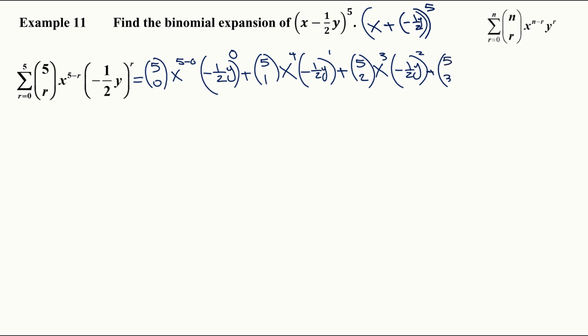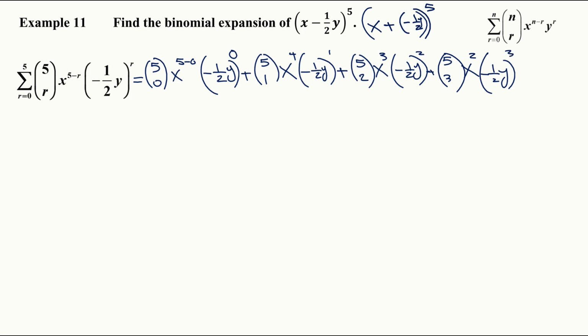5 choose 3, x to the 5 minus 3, which is 2, times quantity negative 1/2 y to the power of 3, which is r.